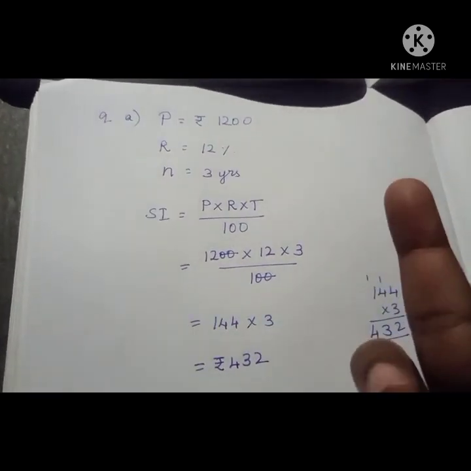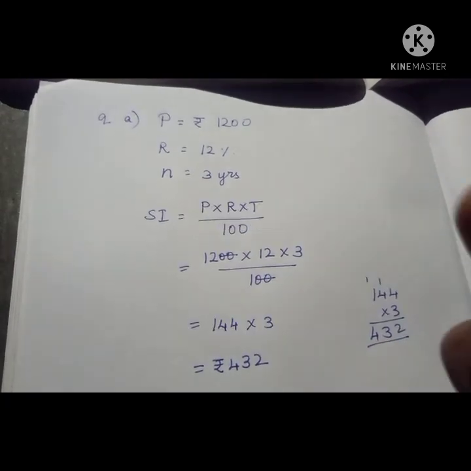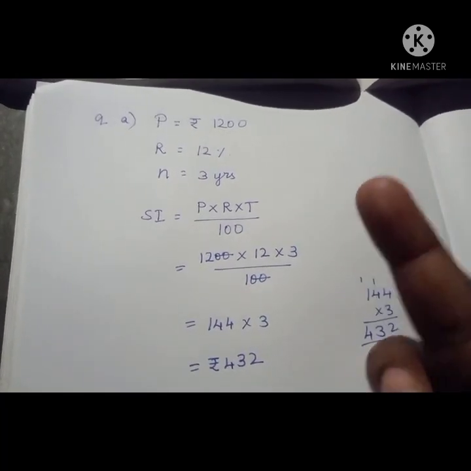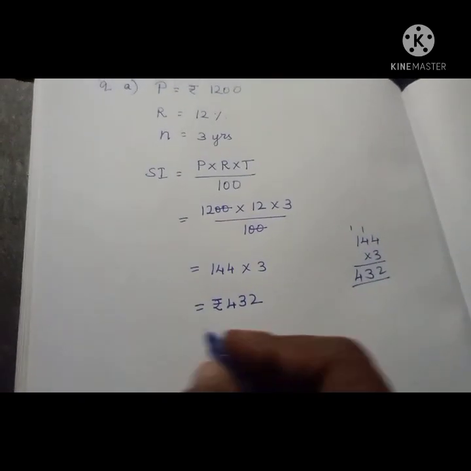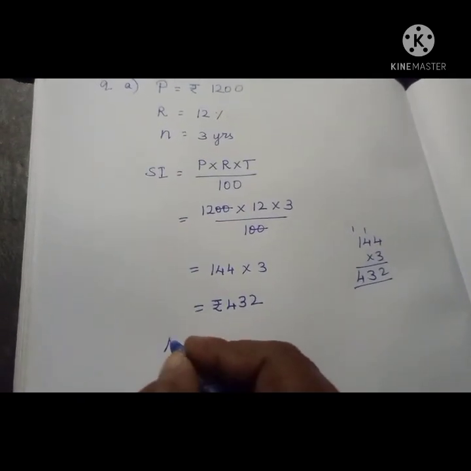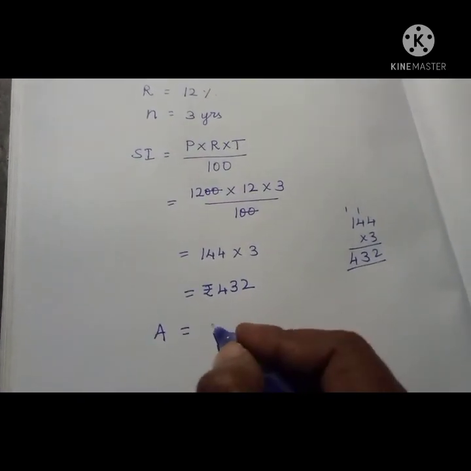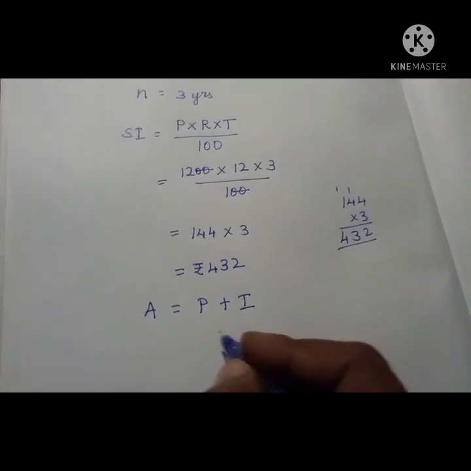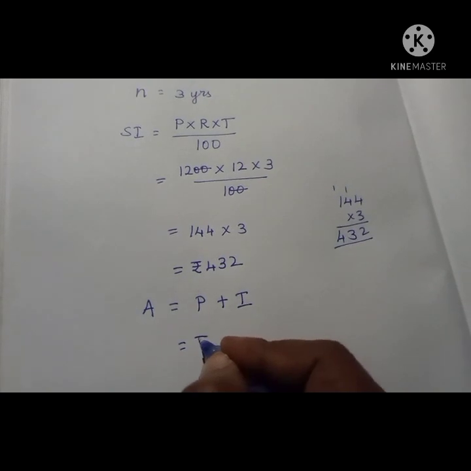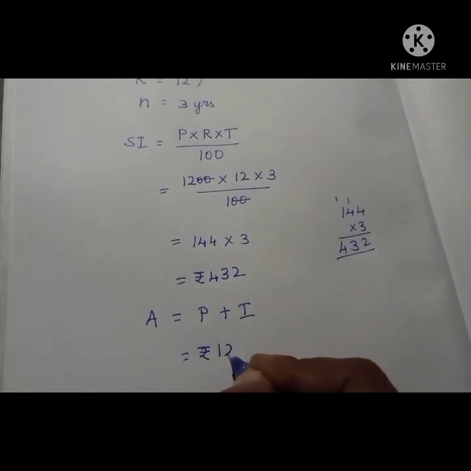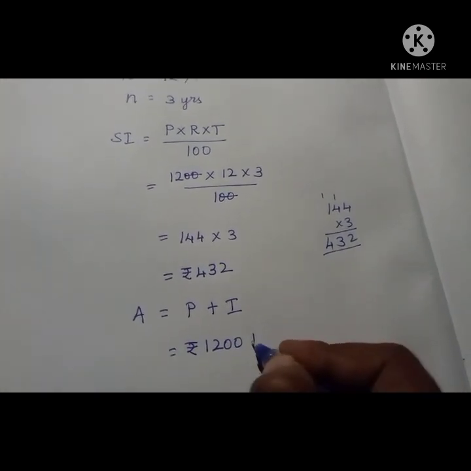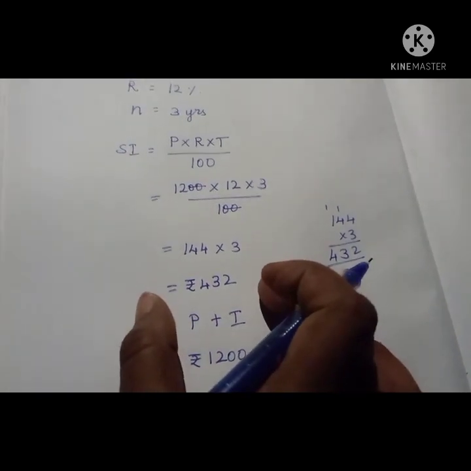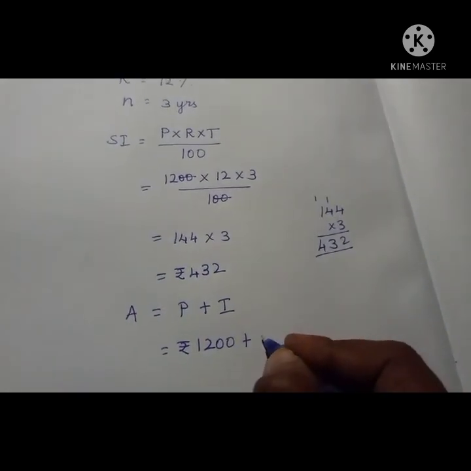Now, how much amount do we need to pay at the end of the 3rd year? What is the formula to find the amount? Amount is equal to principal plus interest. What is the principal amount? Rupees 1200. Plus what is the interest? Just now we found it.